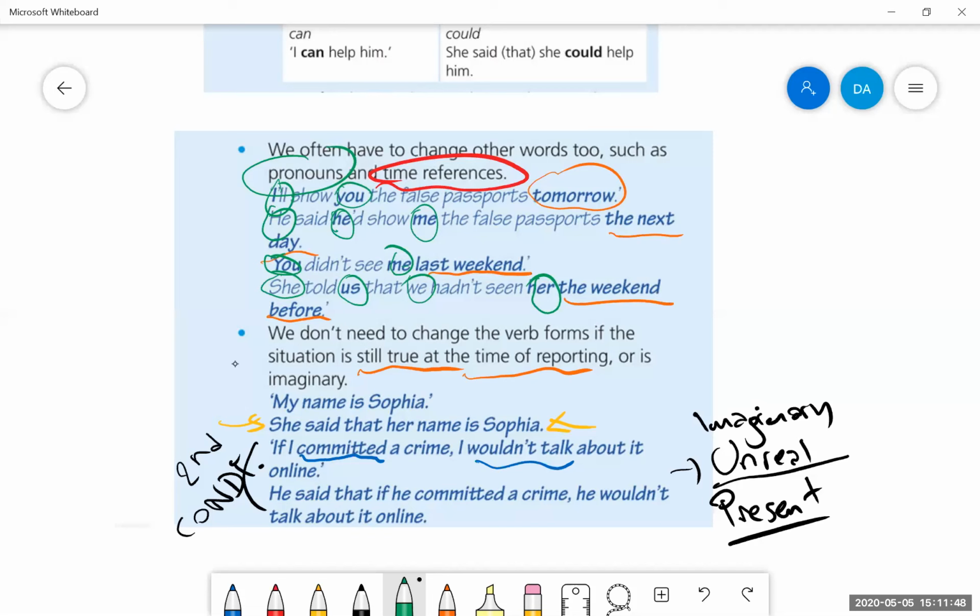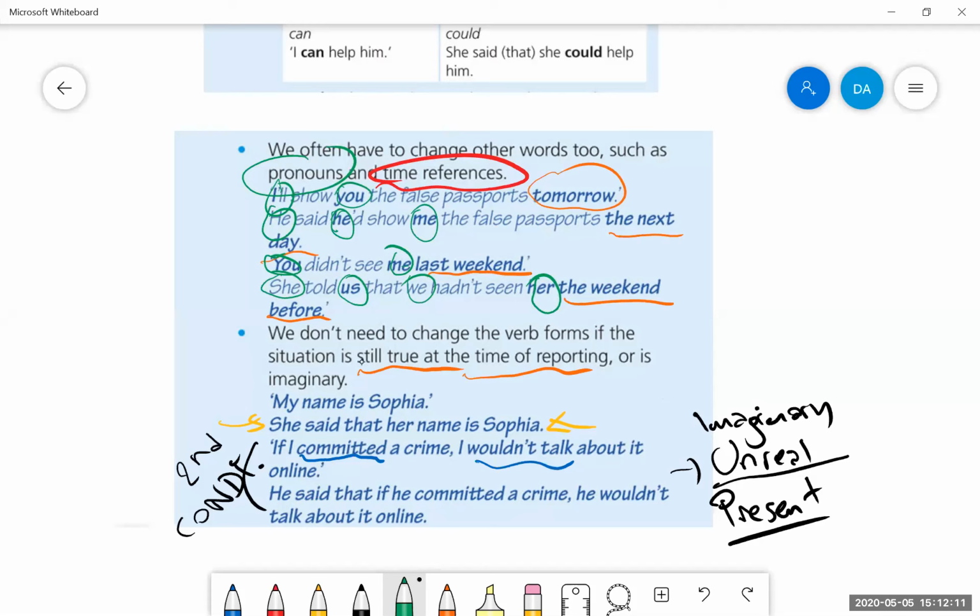And there's one more note which is really very important for you. We don't need to change the verb forms if the situation is still true at the time of reporting or is imaginary. So under these circumstances, we do not change the verb form.